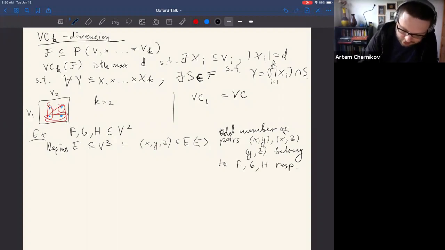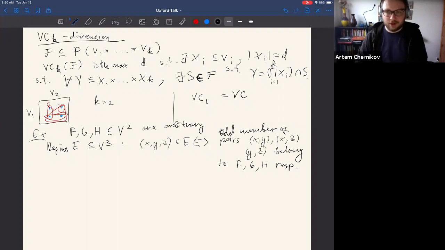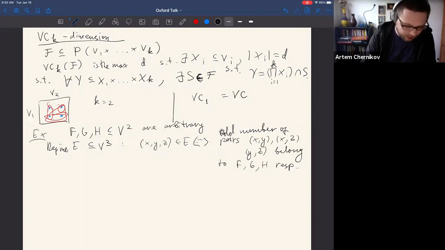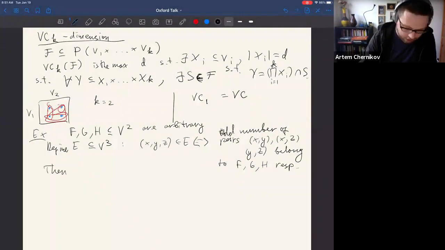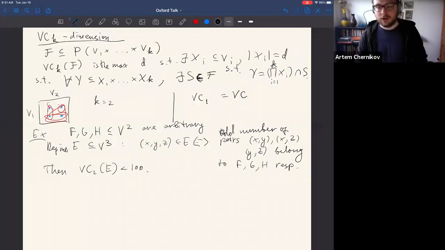And I should have said F, G, H are arbitrary binary relations. So we define a ternary relation in terms of these three binary relations. Then, as an exercise, it's not hard to check that the VC2 dimension of this E is less than 100, let's say. It's probably much less than 100. Okay, so we have this notion of dimension.